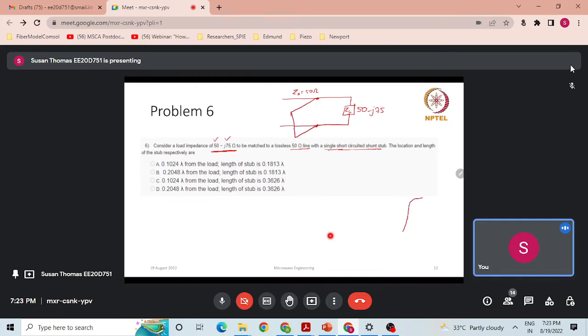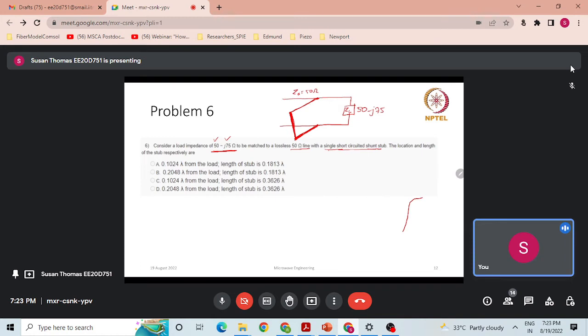That's a small section of transmission line, which is connected in parallel with the existing transmission line, and which is short circuited. And there is only one such section. Only one short circuited shunt stub.